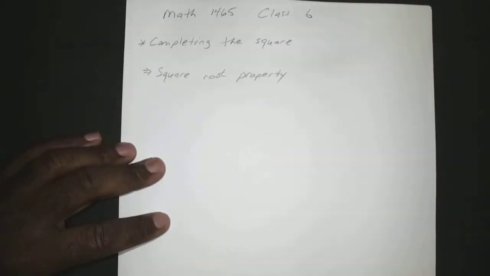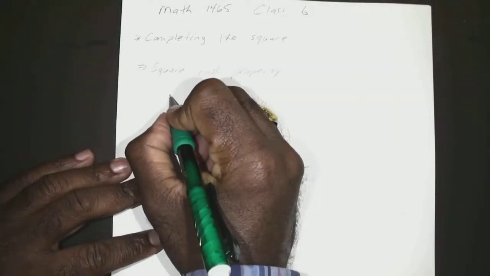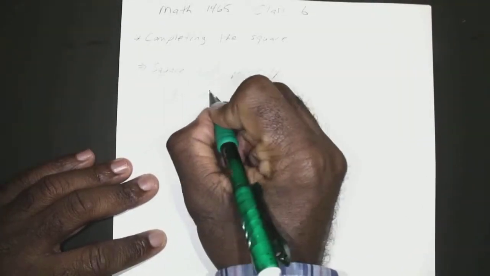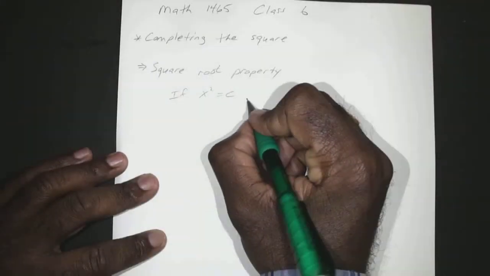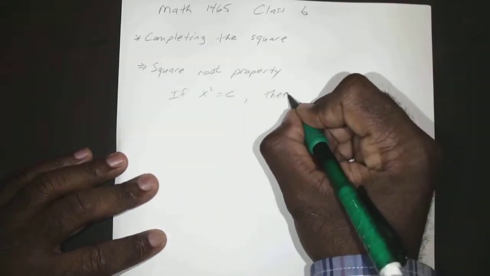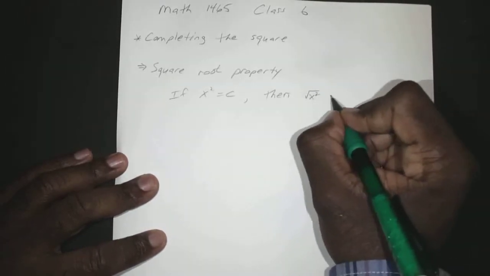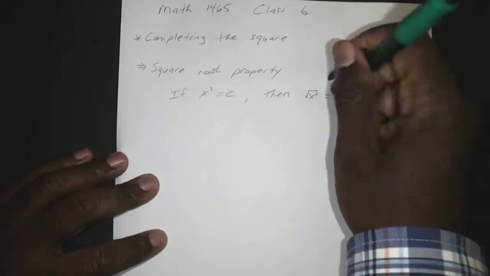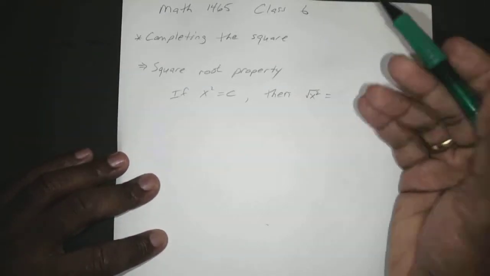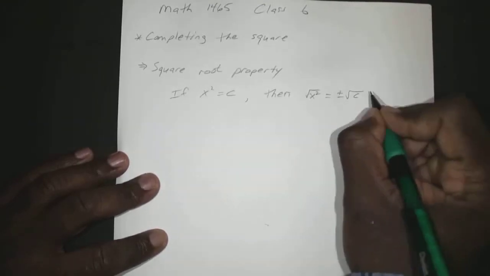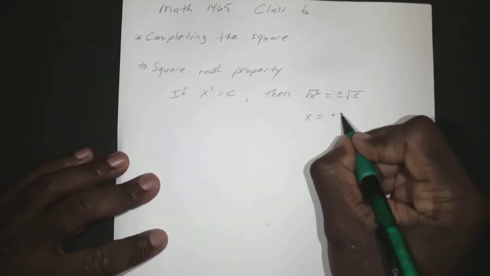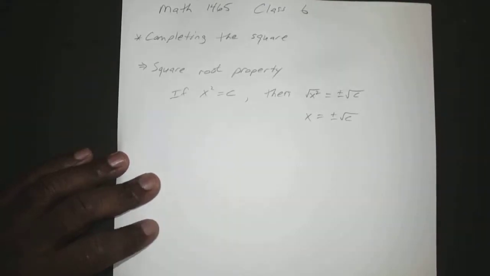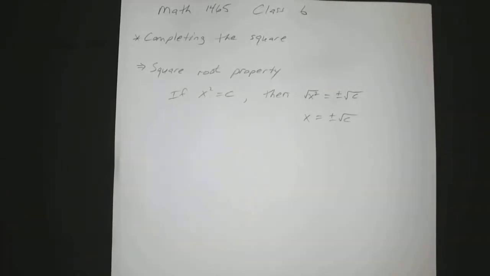The square root property just says that if x squared equals some number c, then x is equal to plus or minus the square root of c. Which is basically just a long way of saying if you do something to one side, you want to do it to the other.